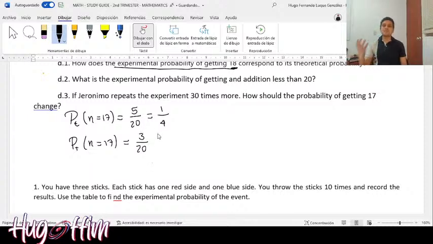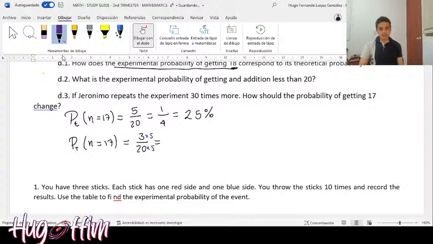So what is expected if I continue spinning 30 times more? I'm going to put this as a percent. This is 25%. The experimental probability is 25%. And in this case, I just need to multiply times 5.